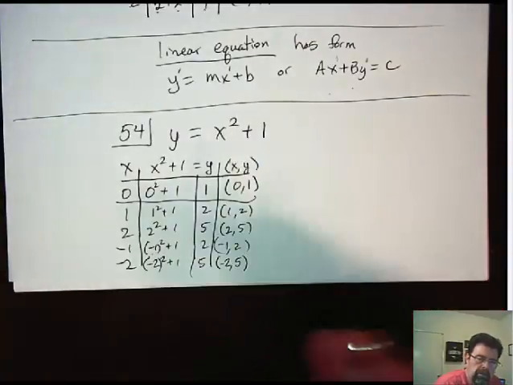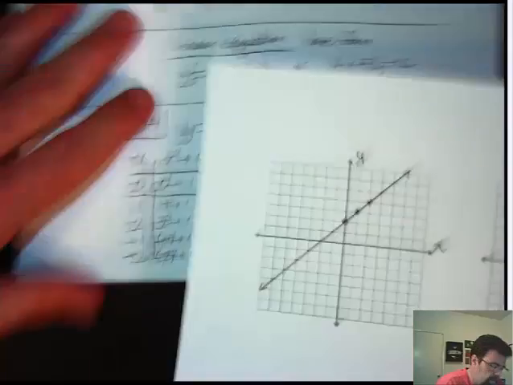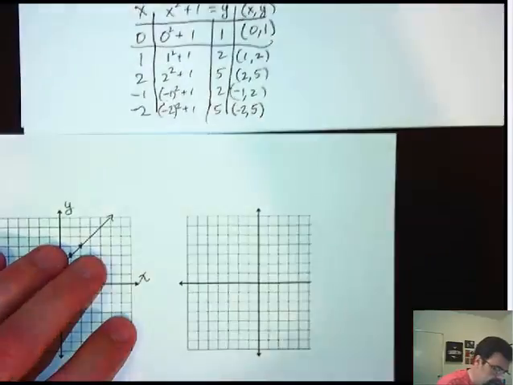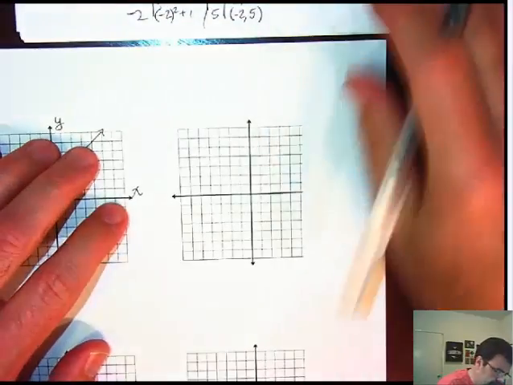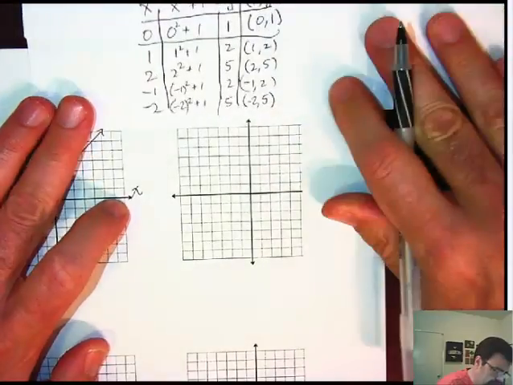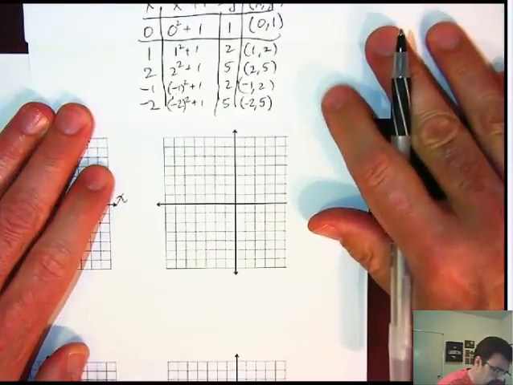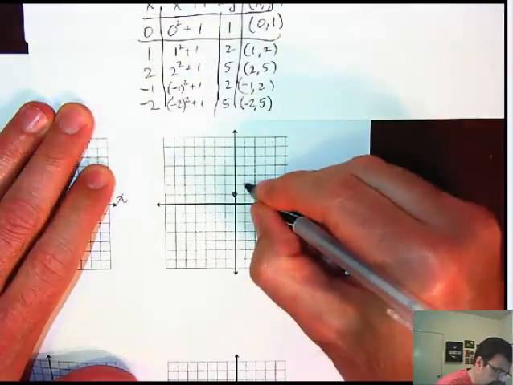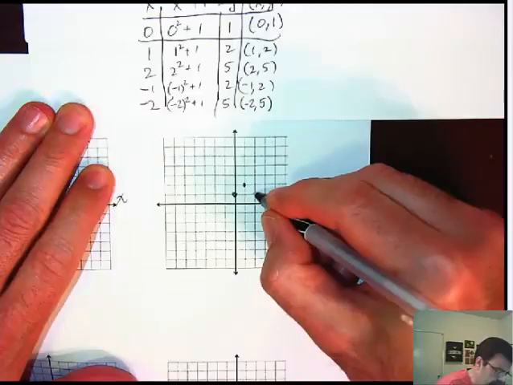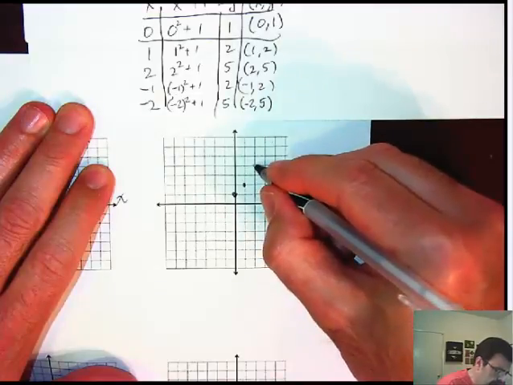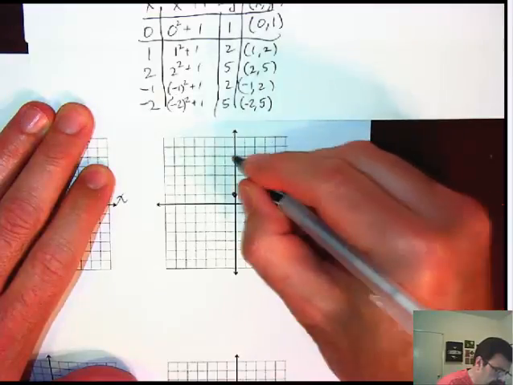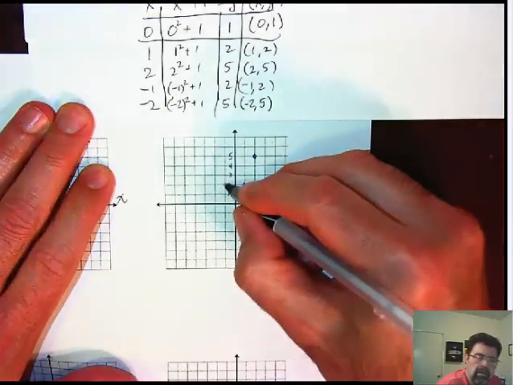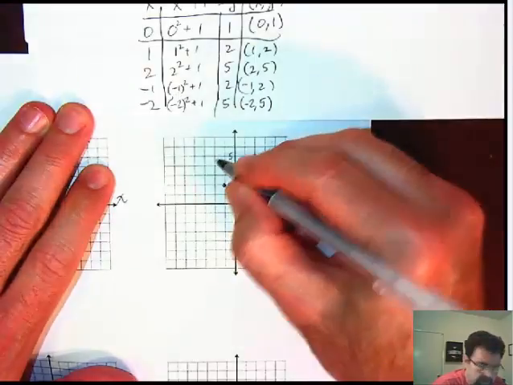So let me plot those 5 points. So we have 0, 1, 1, 2, 2, 5, negative 1, 2, and negative 2, 5.